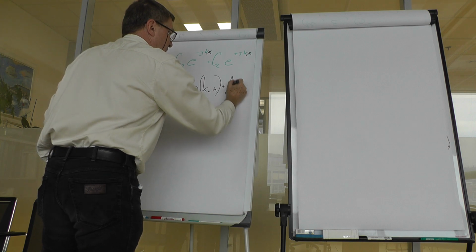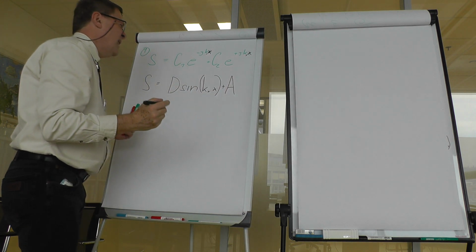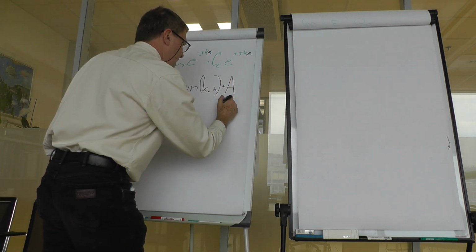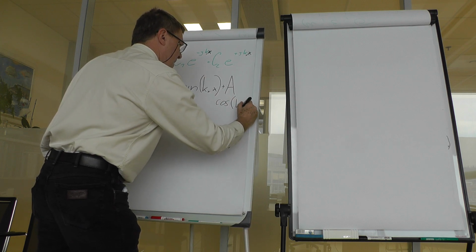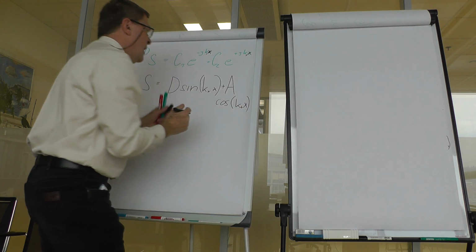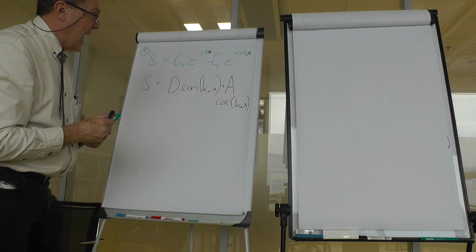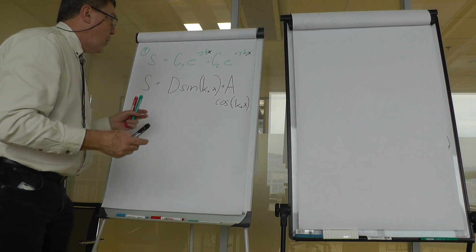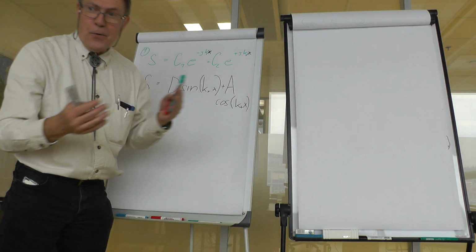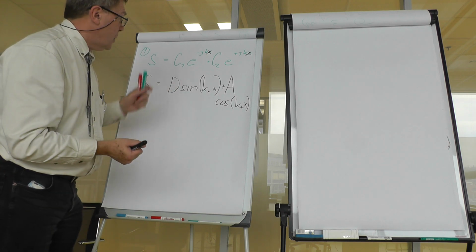Okay, we have not so far employed constant a, so a times cosine kx x. Those two solutions are equivalent, but for different boundary conditions, different versions of it could be used.